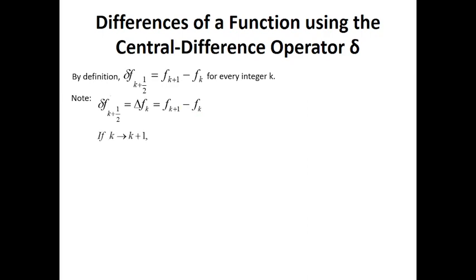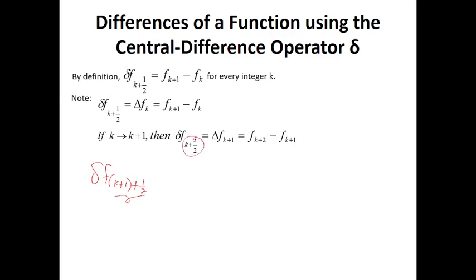And then if k becomes k plus 1, what will happen? So k becomes k plus 1, so delta f, so k becomes k plus 1 plus 1 half. So this will be simplified, that becomes k plus 3 halves.